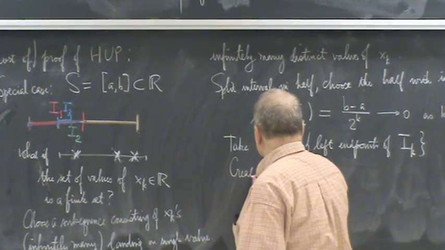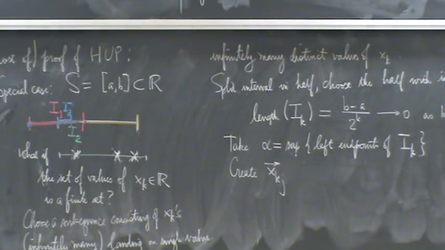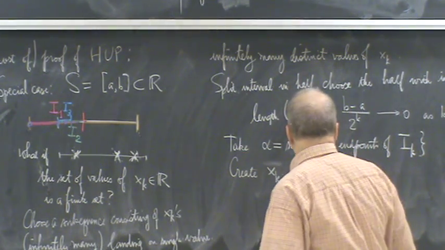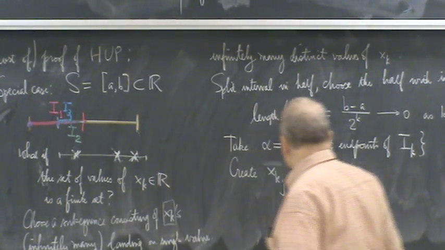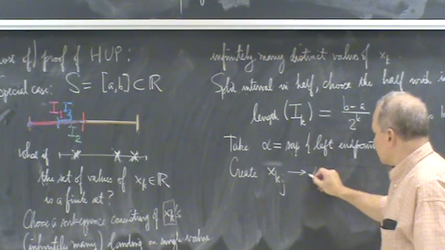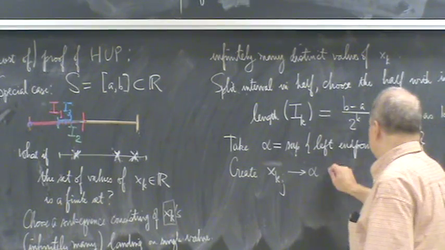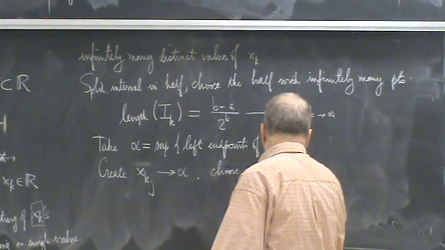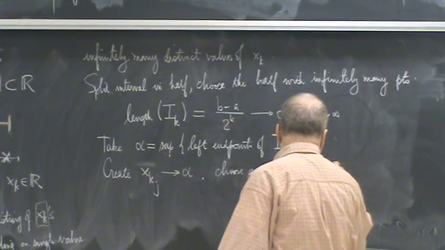How do I create my subsequence? How do I choose a subsequence of my original sequence of xk's that's going to converge to this point alpha? Simple. Just choose any point x_{k_j} in the jth interval.